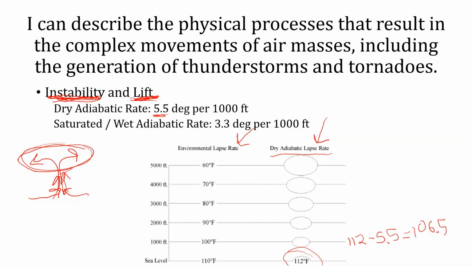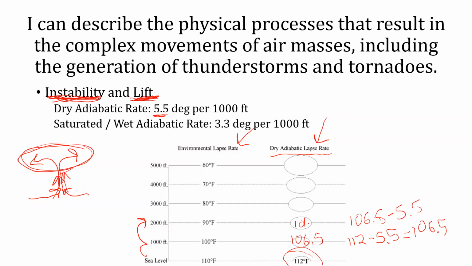You can yell at me if I get that wrong. And then we would write 106.5 here. And then as we go up another 1,000 feet, we would do the same thing: 106.5 minus 5.5 gives us 101.